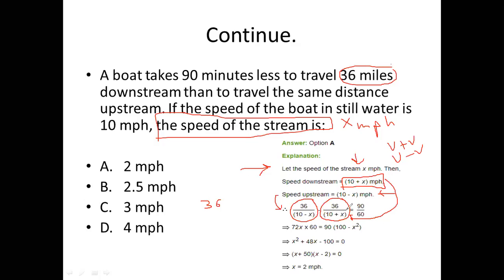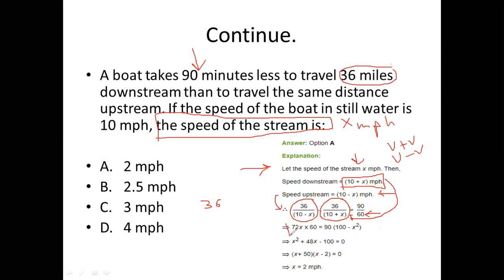And the time difference is 90 minutes less, so we convert it by dividing by 60. So we have this equal to 90 by 60.